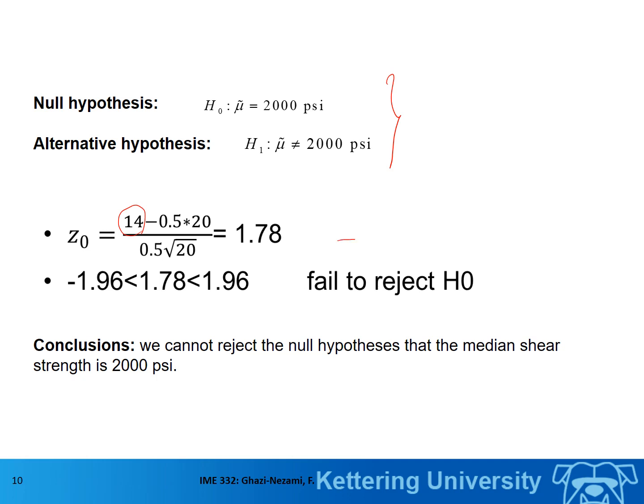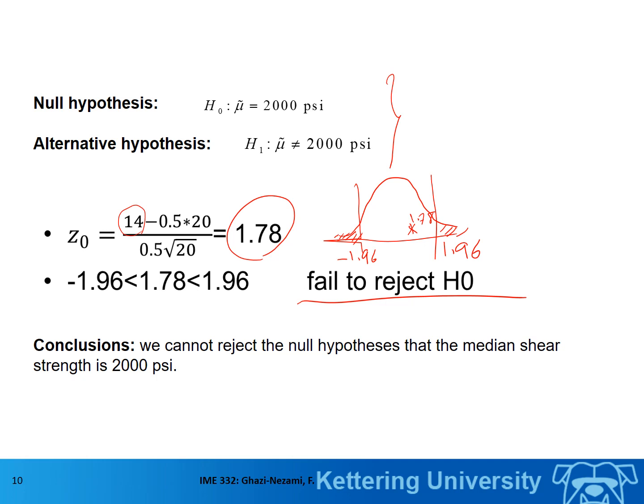Regarding the fact that I have a two-sided test, my acceptance and rejection region will look like this. Anything greater than 1.96 or less than negative 1.96 will lead to the rejection of H null. But I can see that the value of my test statistic, 1.78, is somewhere around here. As a result, my conclusion is to fail to reject H null. In other words, we cannot reject the null hypothesis that the median shear strength is 2000 psi.